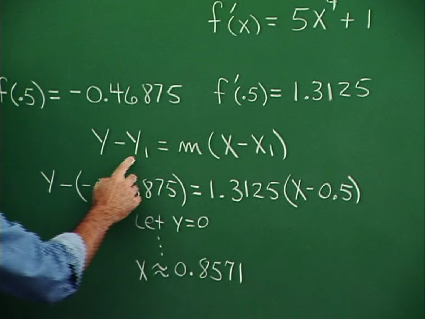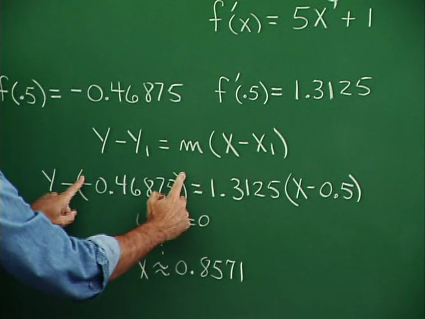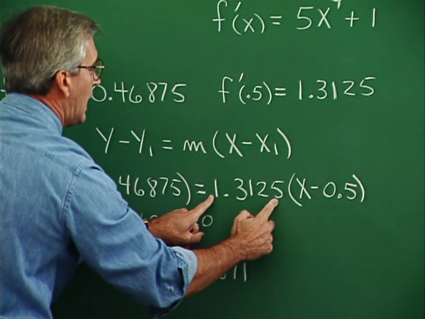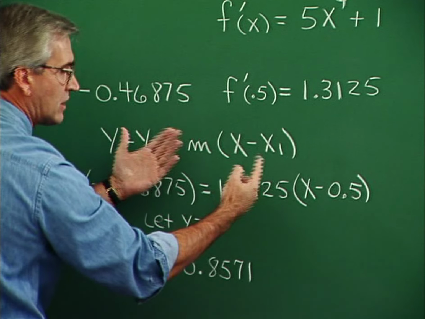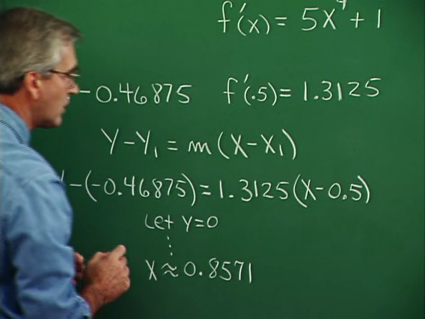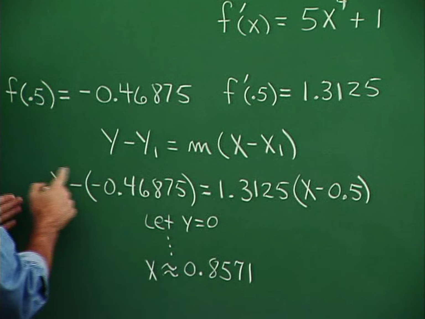Anyway, we have, let's see, the y component here is this value. The slope is this value. And the x was the x that we chose, that 0.5. That x1 is the 0.5 that we chose to begin with. All right, so this now is the equation for the tangent line.